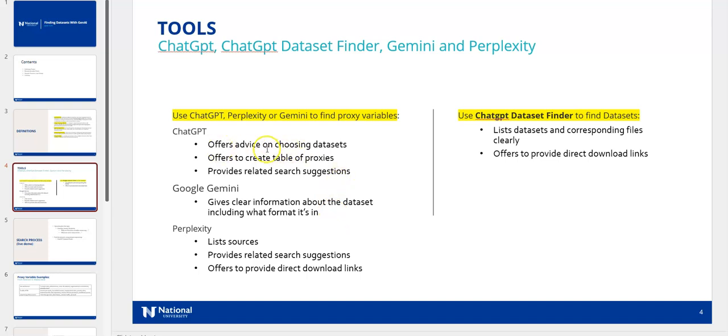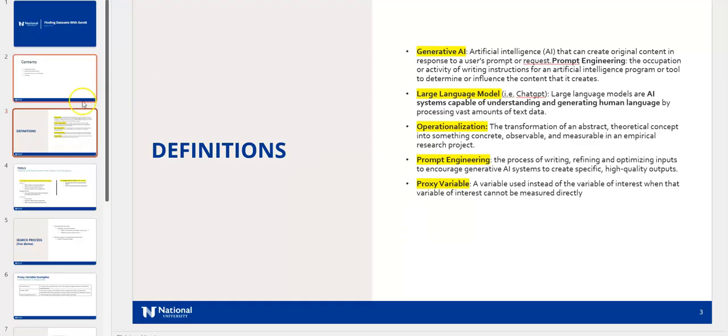And then I recommend using ChatGPT Dataset Finder to find the actual datasets.